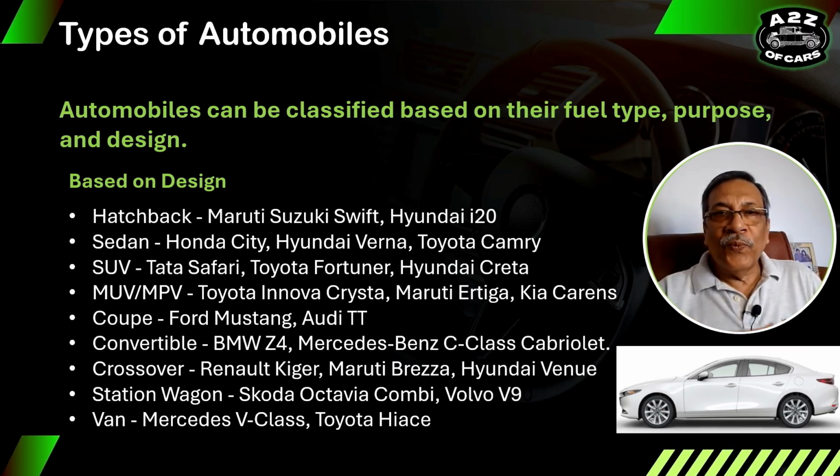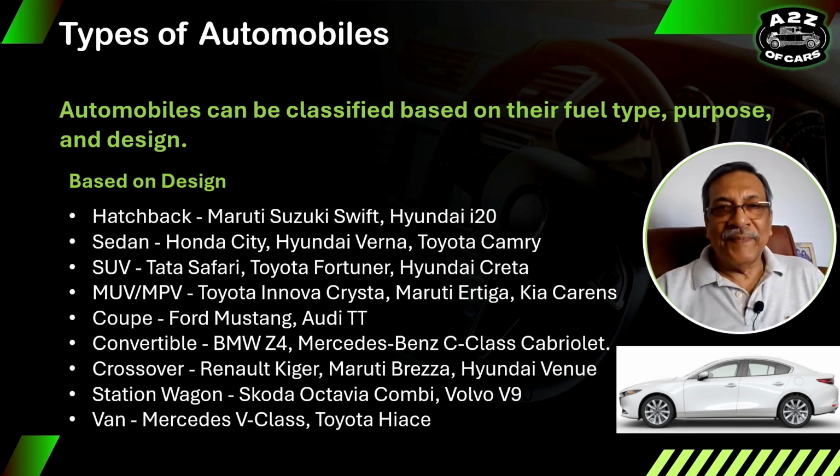There are three boxes generally in a car: engine compartment, passenger compartment, and luggage compartment. In hatchback, there are only two boxes, engine and passenger compartment. Luggage is combined with the passenger compartment. In sedan, there are three separate compartments. Engine compartment is separate, passenger compartment is separate, and luggage compartment is separate.